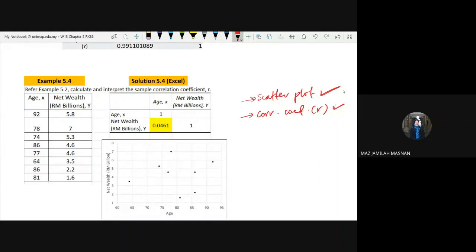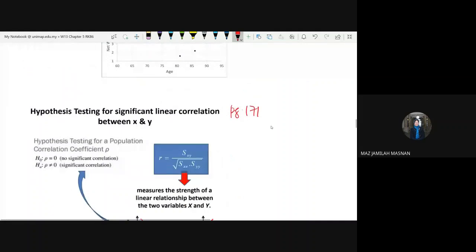But now we want to test whether there is exactly a correlation between the two. So we need to do hypothesis testing for a significant linear correlation between X and Y, meaning that you are testing whether your X and Y really have what we call a linear relationship.